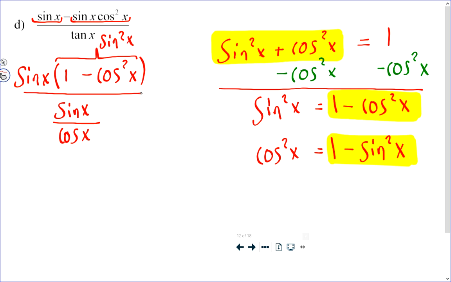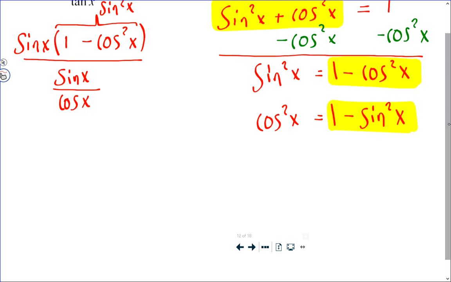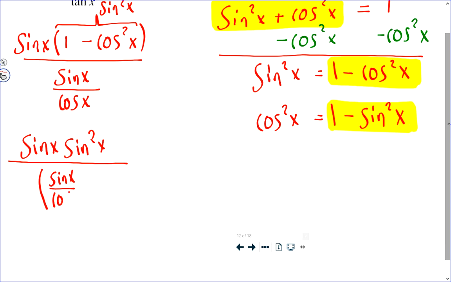So we can replace that with sine squared and get sine of x then multiplied by the sine squared of x, which was 1 minus cos squared, over sine of x over cosine of x. And we have that complex fraction structure that I talked about earlier.